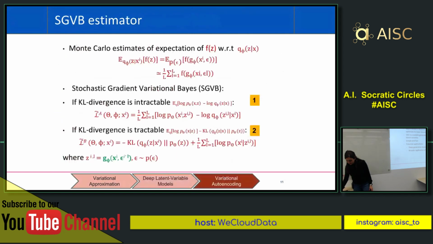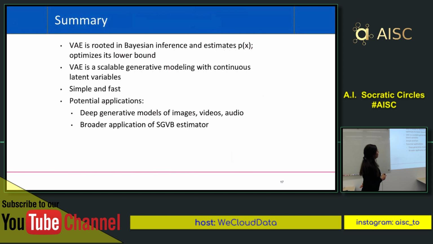Okay, I think we're good. So, summary. The idea behind the variational autoencoder is rooted in Bayesian inference and estimation. We want to find the true distribution for our observations, and it is a generative model with continuous latent variables.